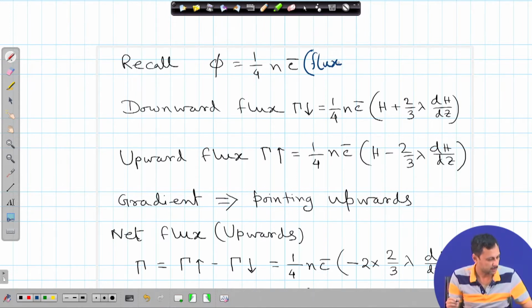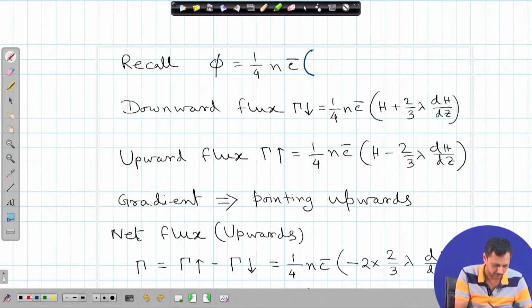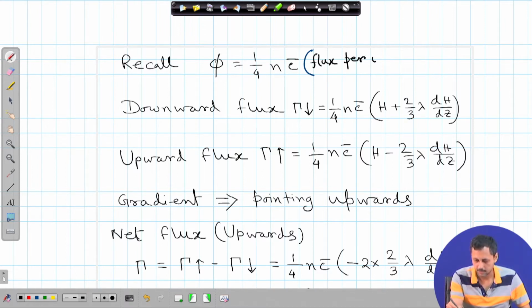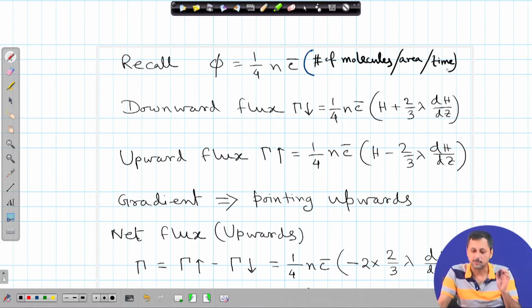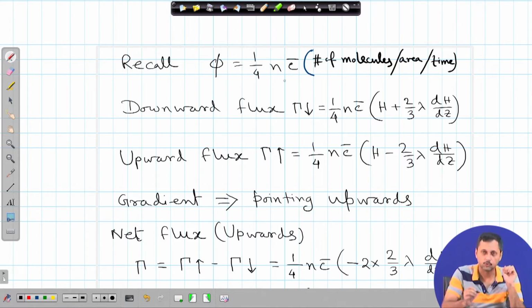When I say flux, that already implies the number of molecules per unit area per unit time, which is given by 1/4 n c bar.